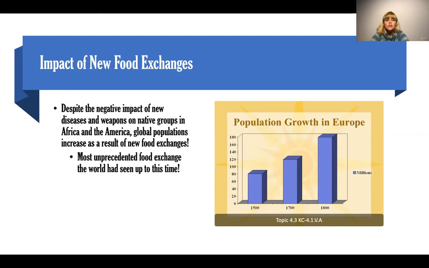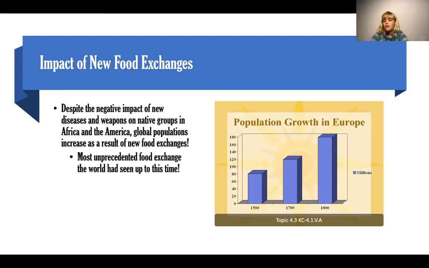So all of a sudden, places in Europe are going to be able to actually feed themselves, all right? We talked a little bit about this in period 1. We talked about what it means to have a surplus of food, right? We talked about how when you have a surplus of food, you can support a big population. And when you have a surplus of food, you can also trade that surplus of food, okay?